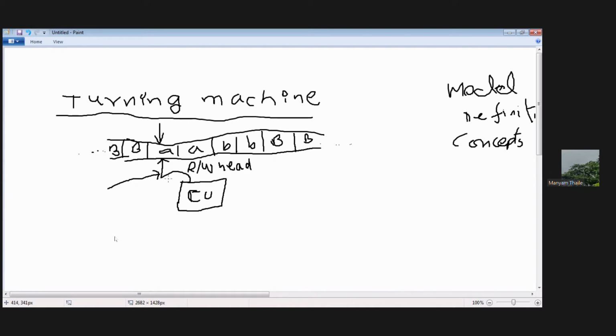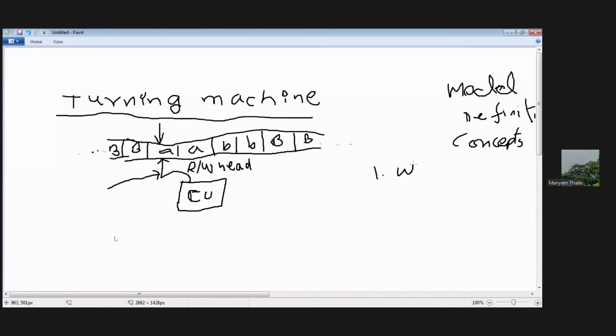Here it is the same, but it reads and writes. The specialty of this read write head is that it reads and writes. Read is the same as in finite state machines and pushdown automata.